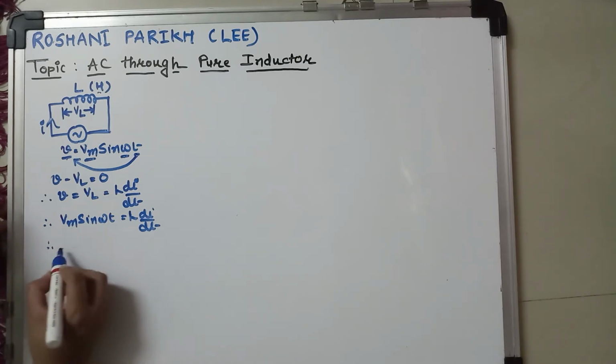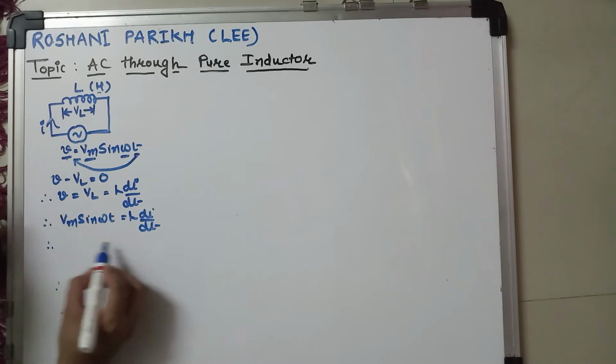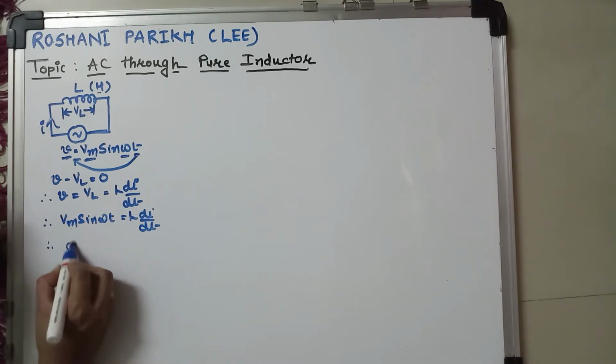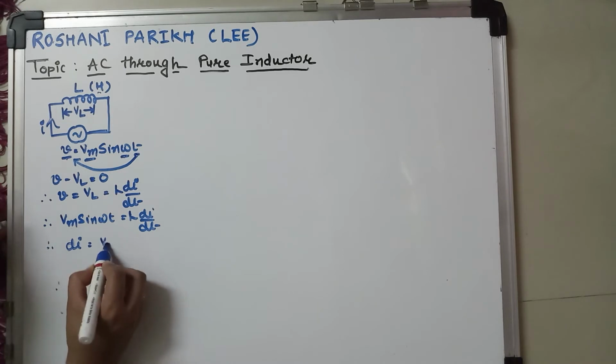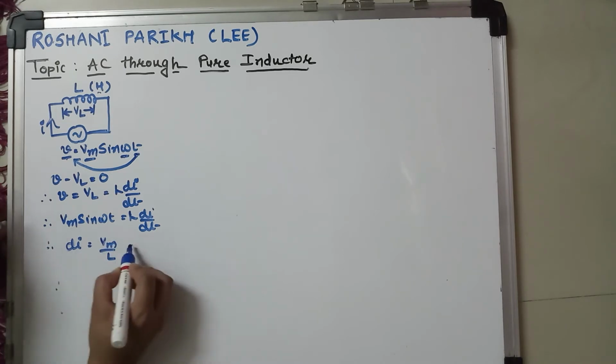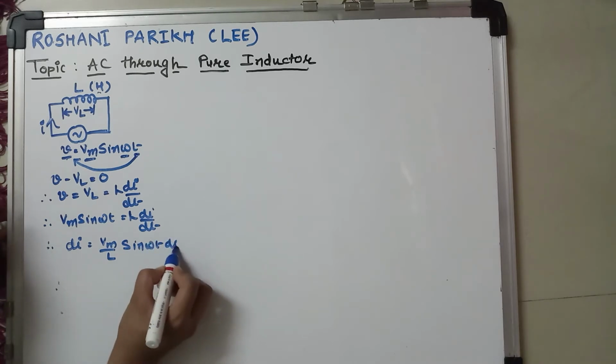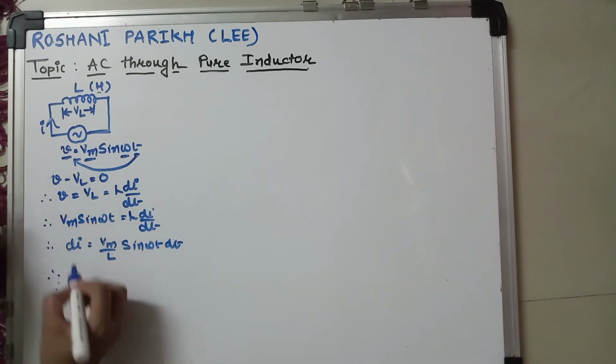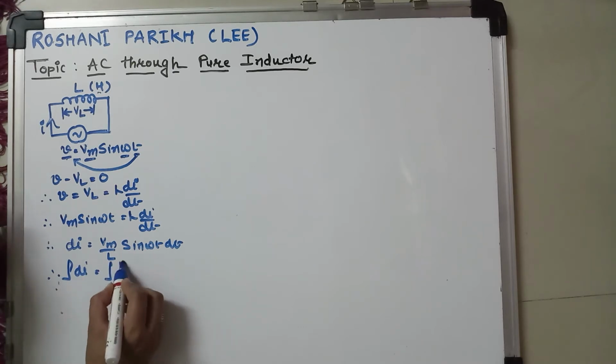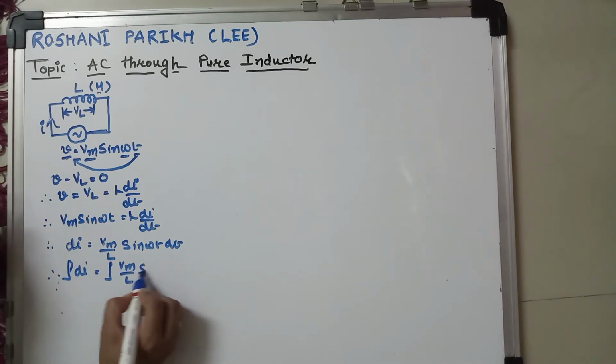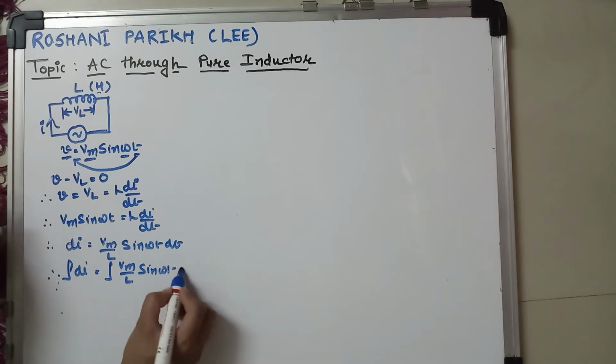Simply rewrite the equation: di is equal to Vm by L sin omega t dt, by rearranging the terms. Now integrating both sides, integration of di is equal to integration of Vm by L sin omega t dt.